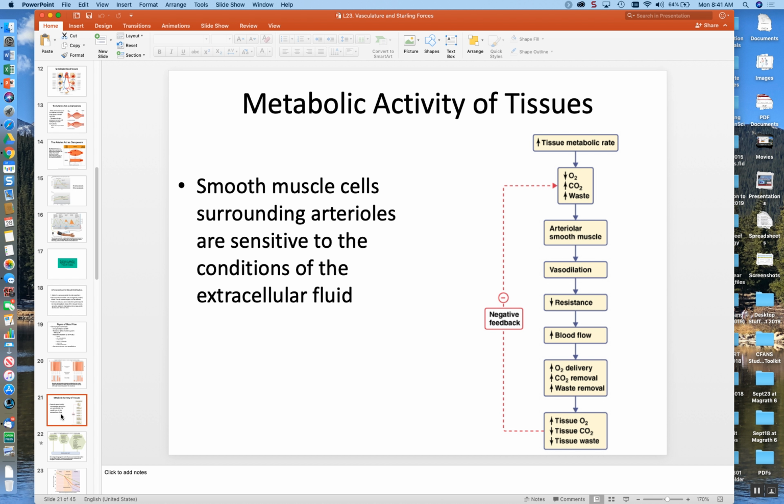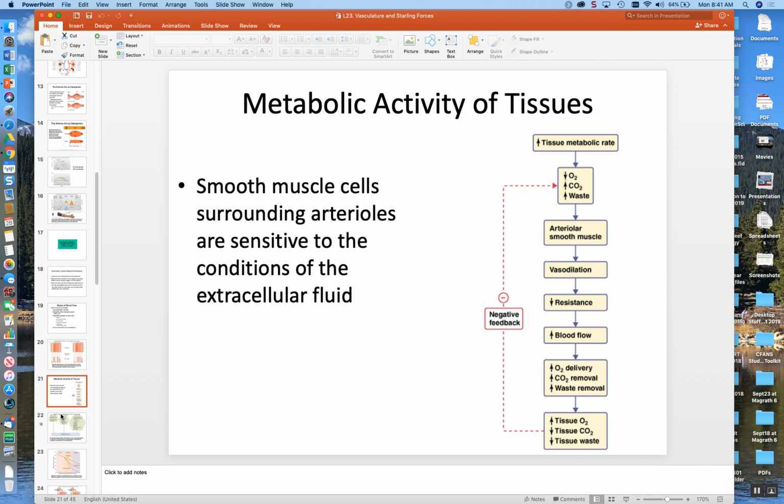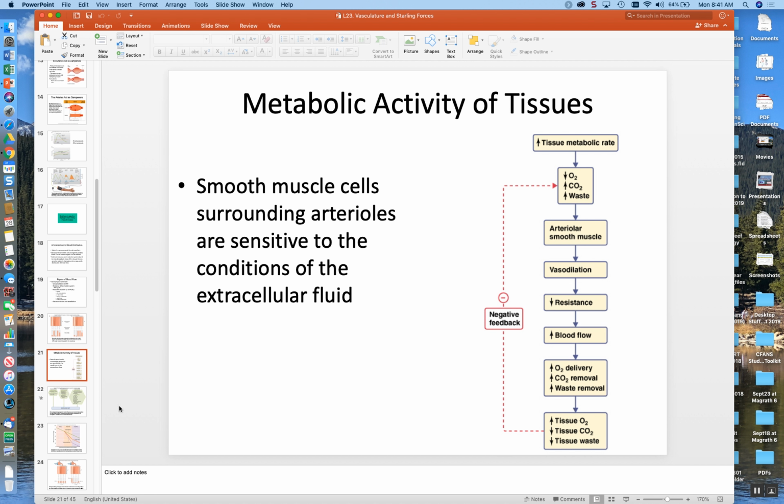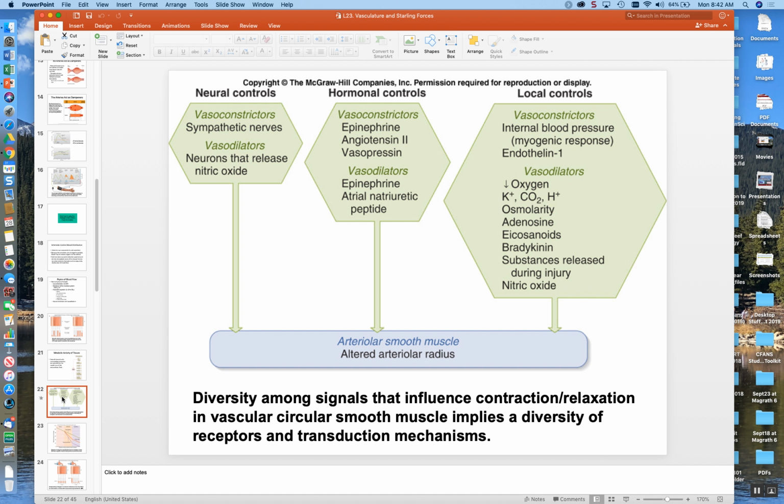Okay, so we've talked about the metabolic activity, these intrinsic mechanisms that can cause vasodilation. And you don't need to memorize this, but these are just some examples of extrinsic and intrinsic mechanisms that can alter arteriolar radius.